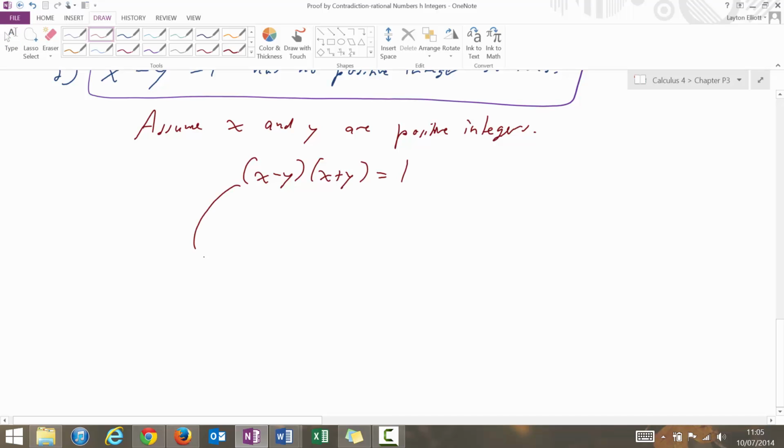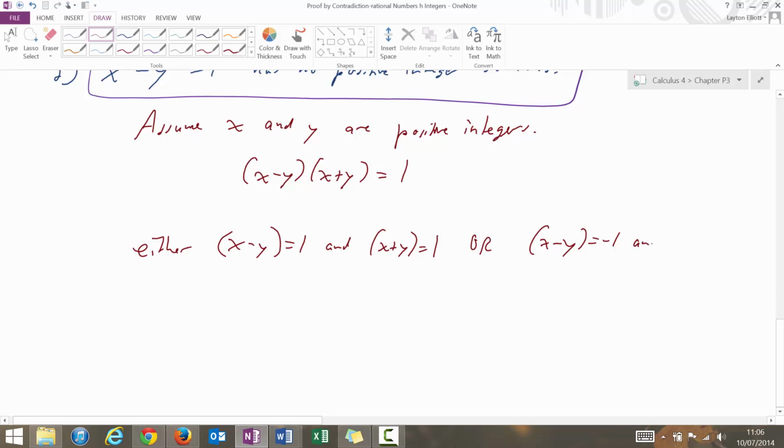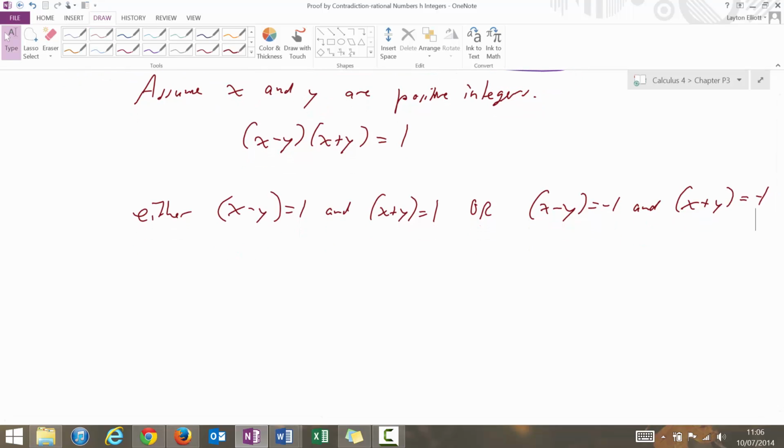So the two possibilities that occur from this, because x and y are integers, are either x minus y equals 1 and x plus y equals 1, or x minus y equals negative 1 and x plus y equals negative 1. Basically, they either both have to be 1 or they both have to be negative 1.